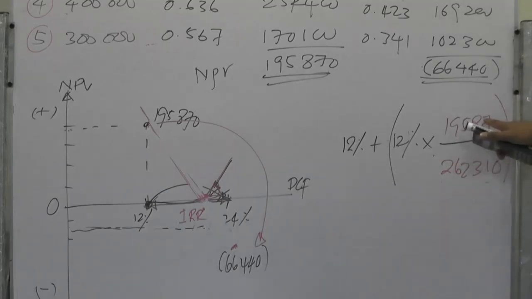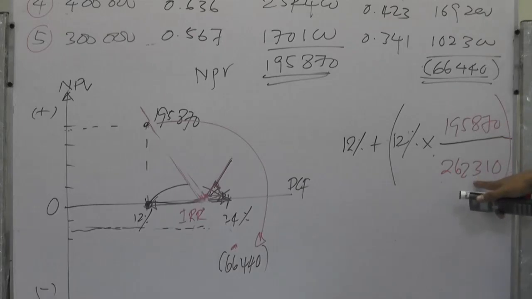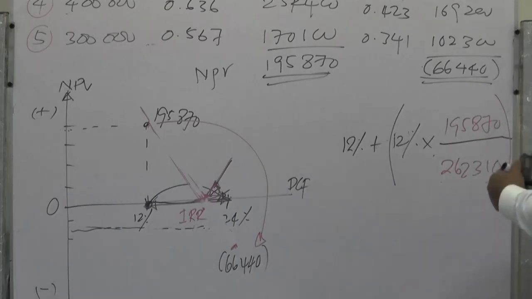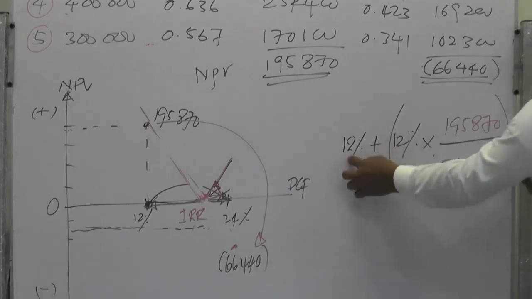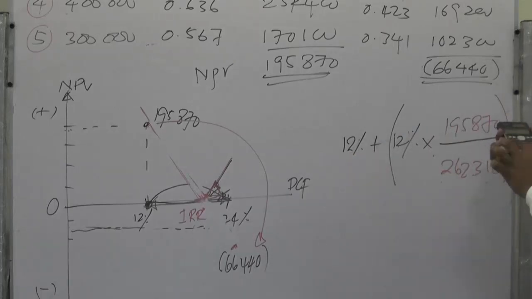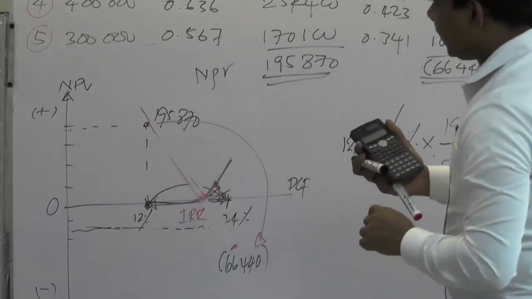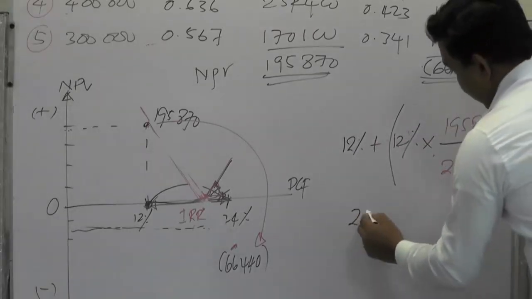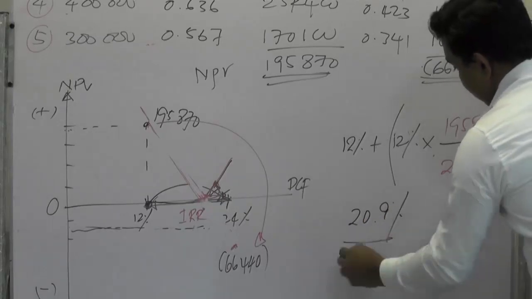If 195,870 out of 262,310, how much out of 12? That is the formula. Let's solve this. 195,870 divided by 262,310 multiplied by 12 plus this 12. Therefore, the rate would be 21 or 20.9. Here we have the rate 20.9, right?